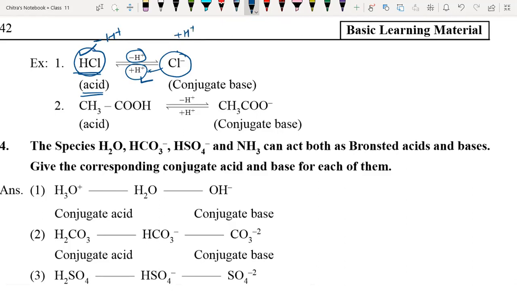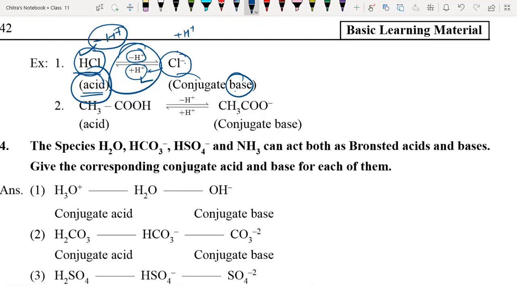If it is donating, it is called an acid, and if it is accepting, it is called a base. So that acid and base are called a conjugate acid base pair. Here the difference is one proton. Understood the concept or still confusion? Understood, sir.